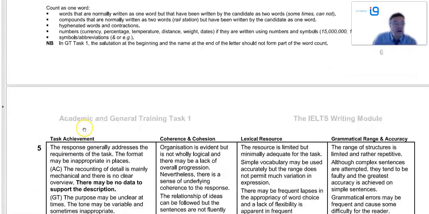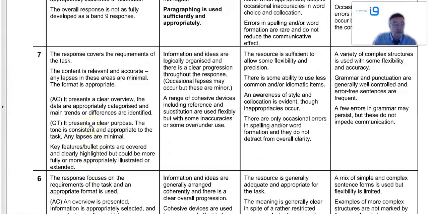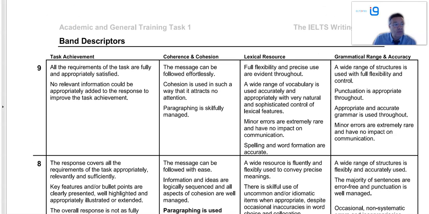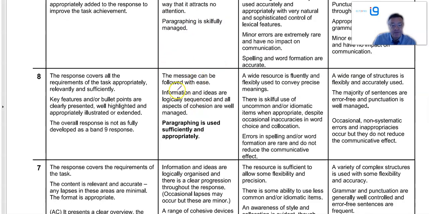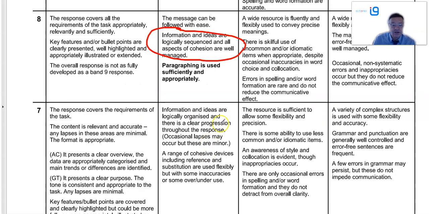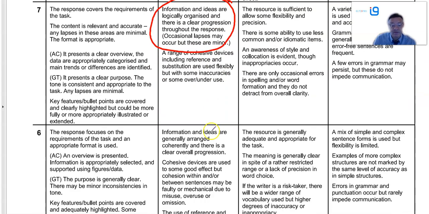So, right, get me pencil. So, cohesion, right, logical sequence of information. So, moving from the biggest to the smallest. And that would be fine, yeah?